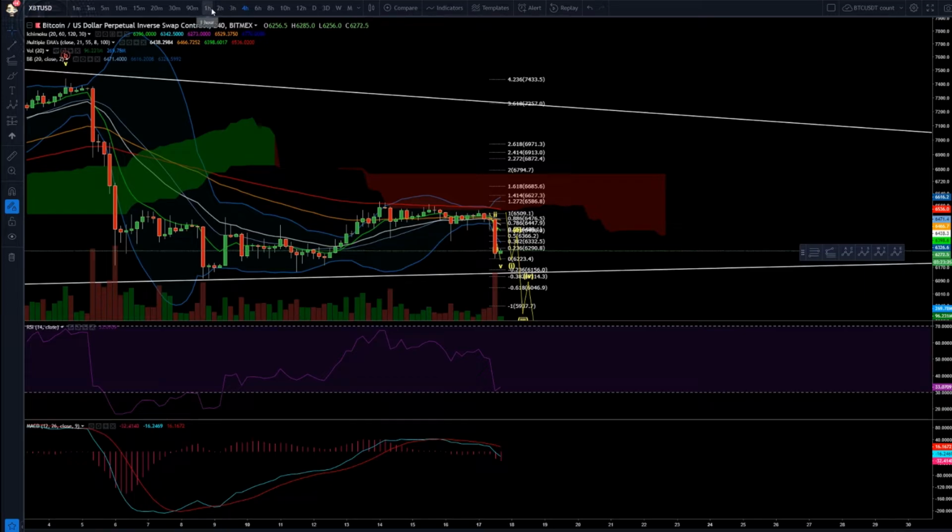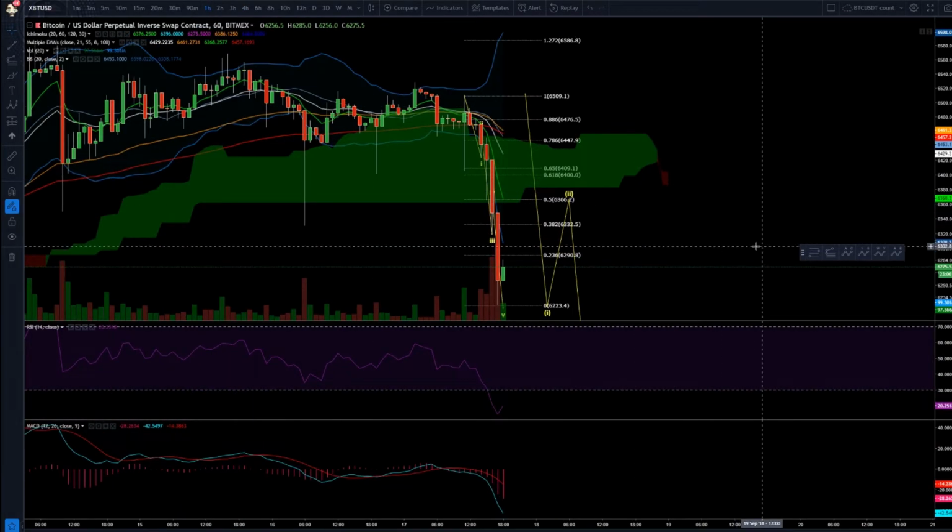So that's why I switched yesterday. Some people asked about the previous video where I was talking about 6.7 and now not anymore. That was simply because the Ichimoku cloud was just too strong and we got rejected from it. You need to play on what the chart is telling you.